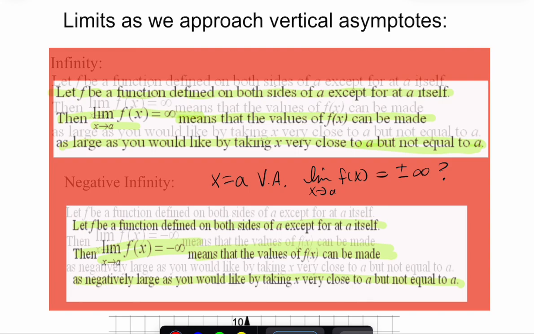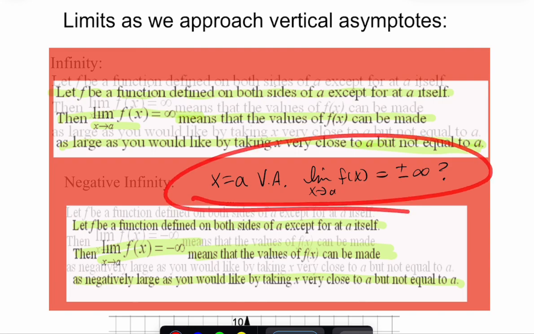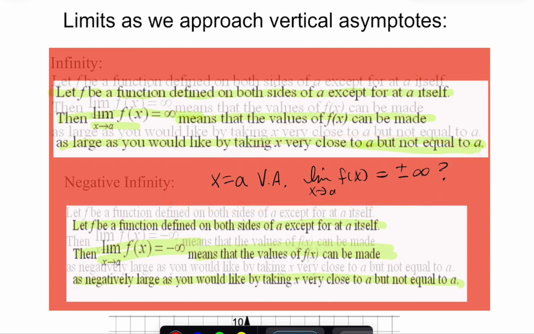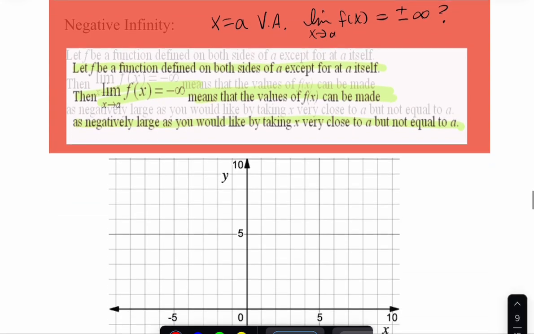This occurs in rational functions like 1 over x plus 2. It's going to happen wherever your denominator equals 0. So make sure you write this down. Vertical asymptotes, if we approach them, we're going to head to positive or negative infinity.